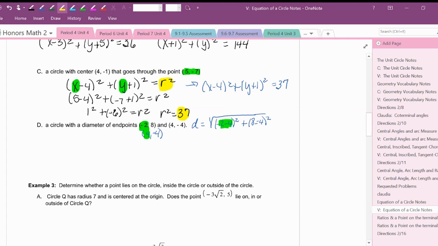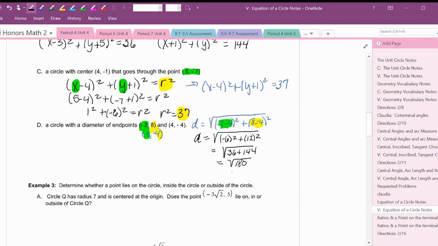Here are my x's, and here are my y's. So the length of my diameter is -6 squared plus 12 squared. This is the square root of 36 plus 144, which is the square root of 180.